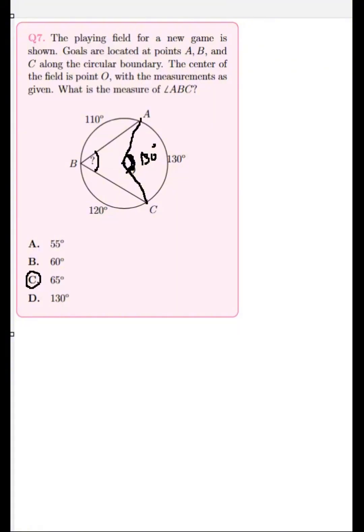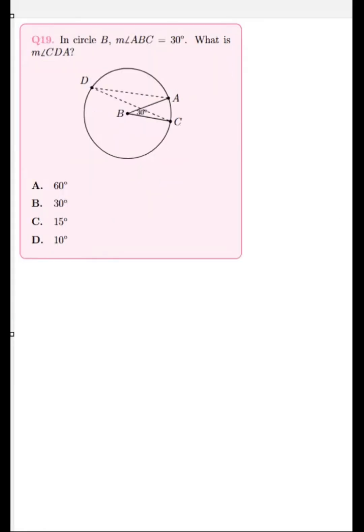So whenever the central angle has an opposite arc which measures 130, the measure of the central angle is 130, which means the inscribed angle is always equal to half of the central angle which contains the same arc. So when I ask about the angle B, we get the value of 65, which is letter C. If the question asks about angle AOC, the measure then will be 130 degrees.